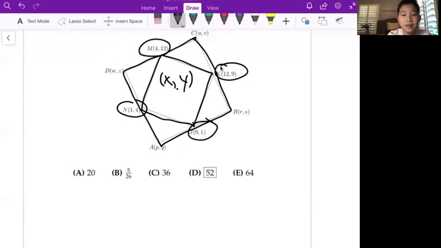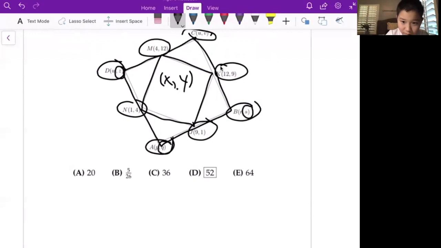Yes, right? And then how about the average of the x-coordinates of each of these vertices? Would that be the x-coordinate of the center of mass too? Yes. And the y-coordinate of each of these vertices? It would also be.